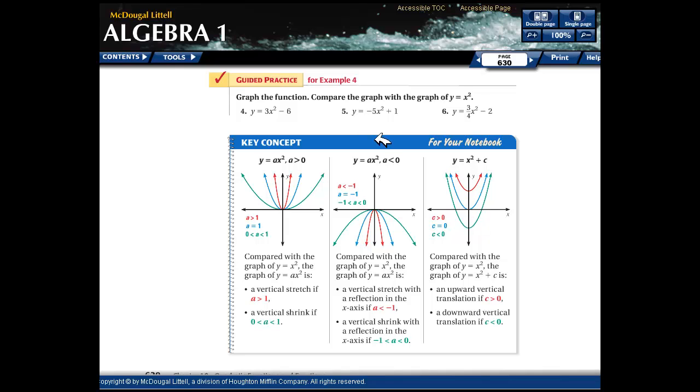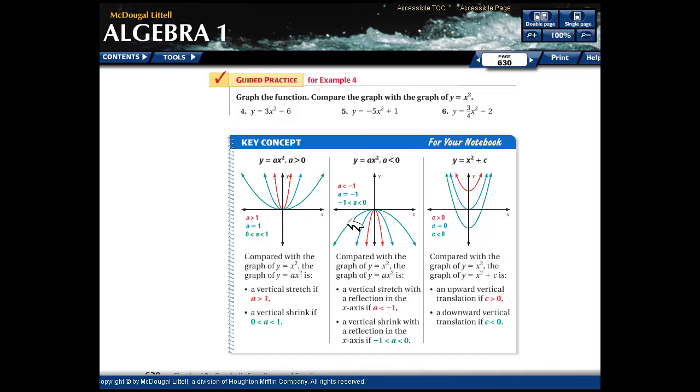Okay, so this is a good graph right here to come back and refer to, even though it may look like gibberish with all this kind of stuff up here. Here's basically what you've got to know. The red one is if the number's bigger than 1. Okay, the one in front of the x squared. If that one's bigger than 1, it will be narrower. If it's between 0 and 1, so in other words, a fraction, it will be wider.